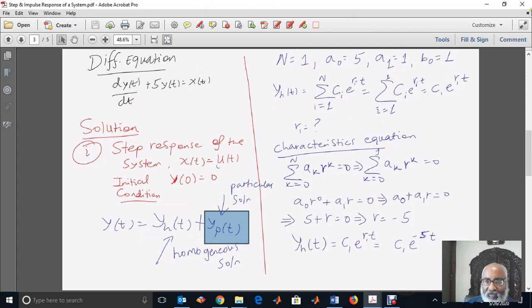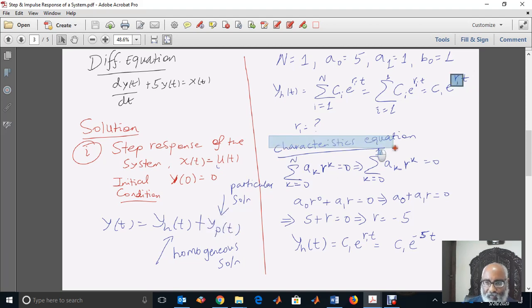So the homogeneous solution is the sum from i equal to 1 to n of c_i e to the power of r_i t. That's from 1 to 1. It will become c1 e to the power of r1 t. So I will have one root.